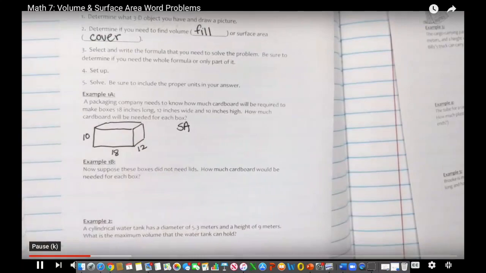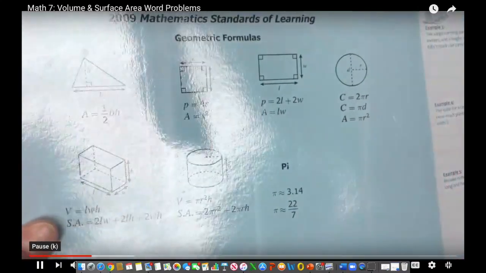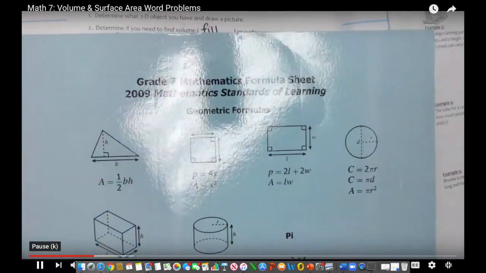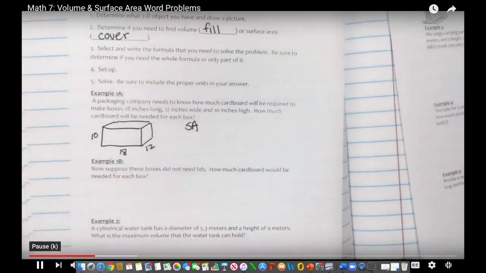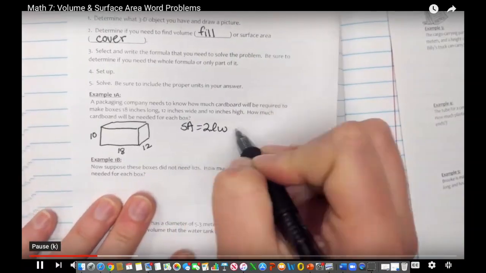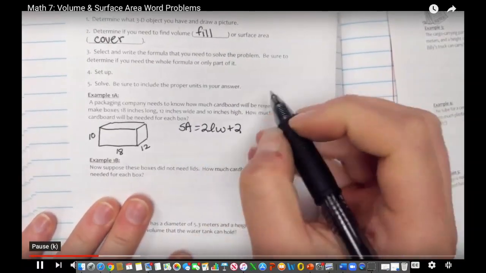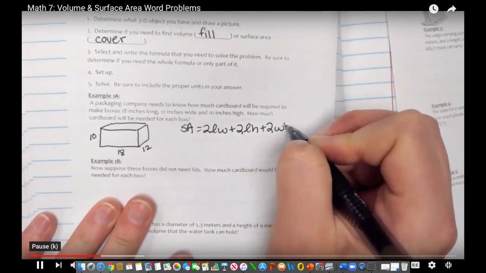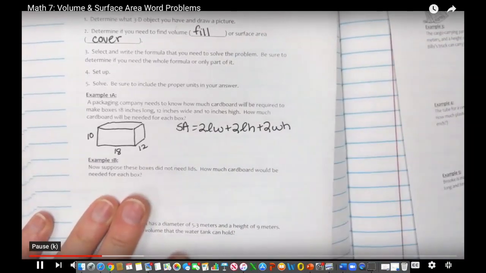So it's helpful to have your handy-dandy formula sheet. It's the first page in your notebook, so that's where you can find this information. So surface area for a rectangular prism is equal to 2 times the length times the width, plus 2 times the length times the height, plus 2 times the width times the height. And then I can plug in my numbers.